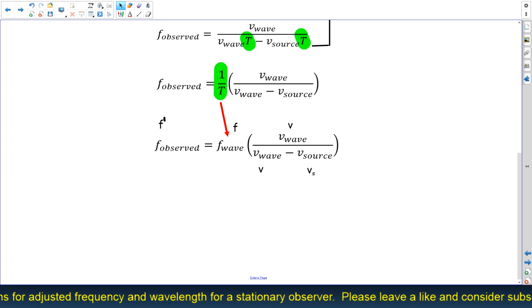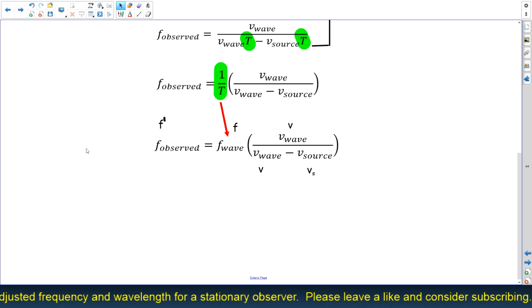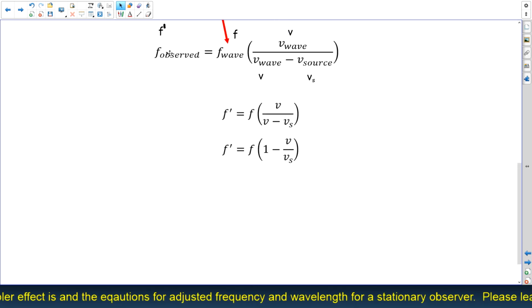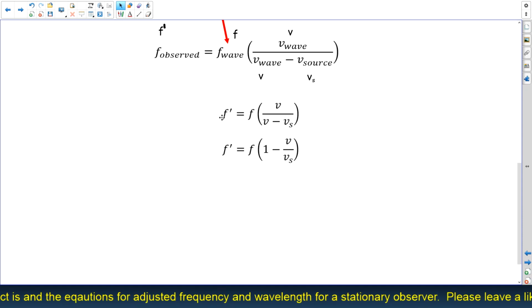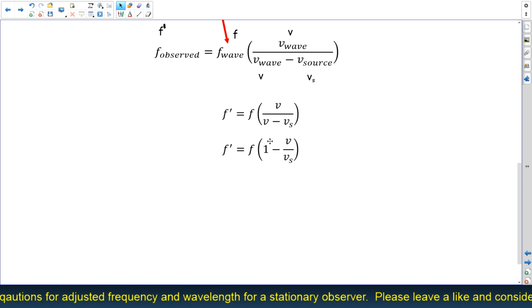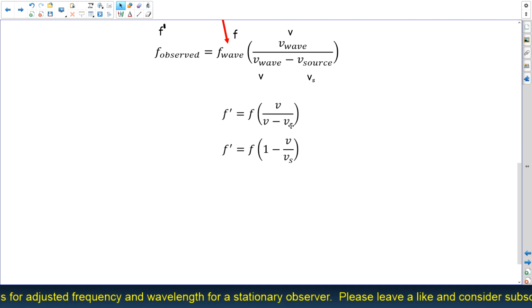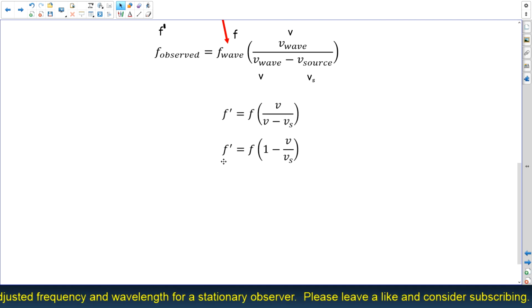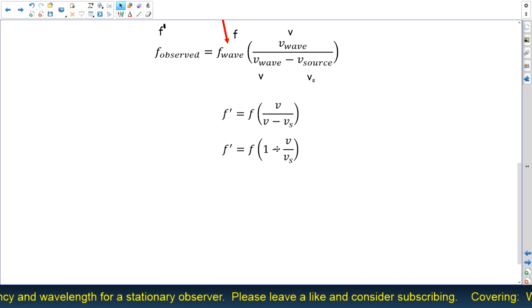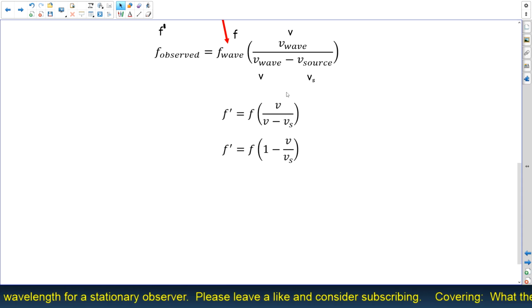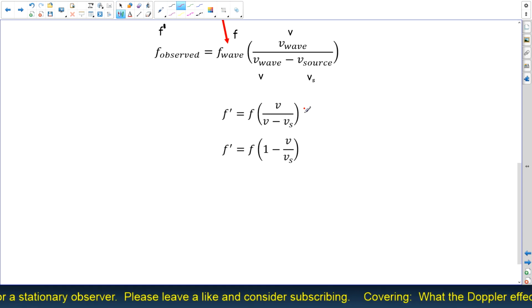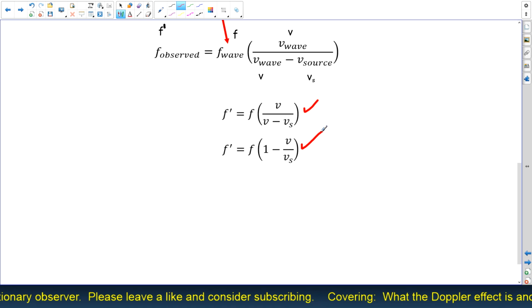And what that'll do is it gives us a new equation, where we've replaced f observed with f prime, f wave with f, v wave with v, and v source with vs. We can further simplify that to f prime equals f times v over v minus vs, or separate this fraction out as 1 over 1 minus vs over v. Either of these is completely acceptable though and looks quite pretty.